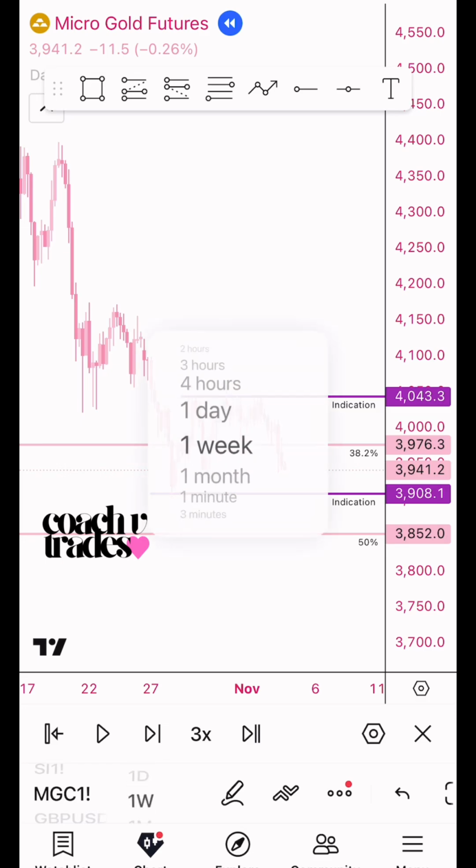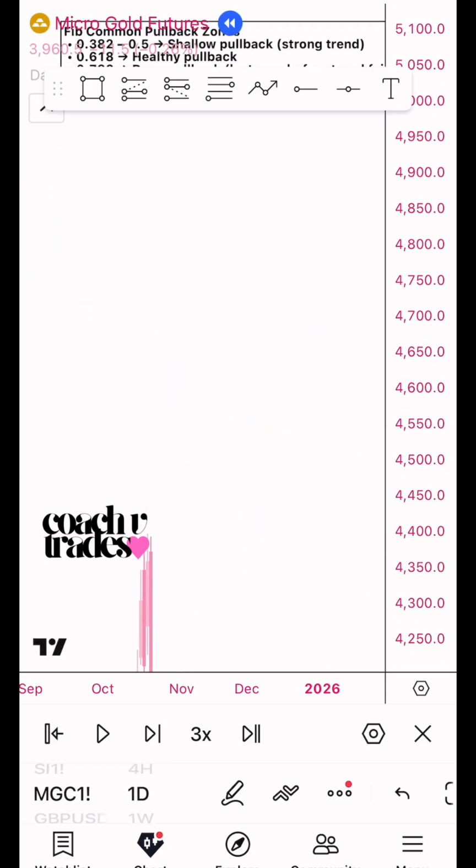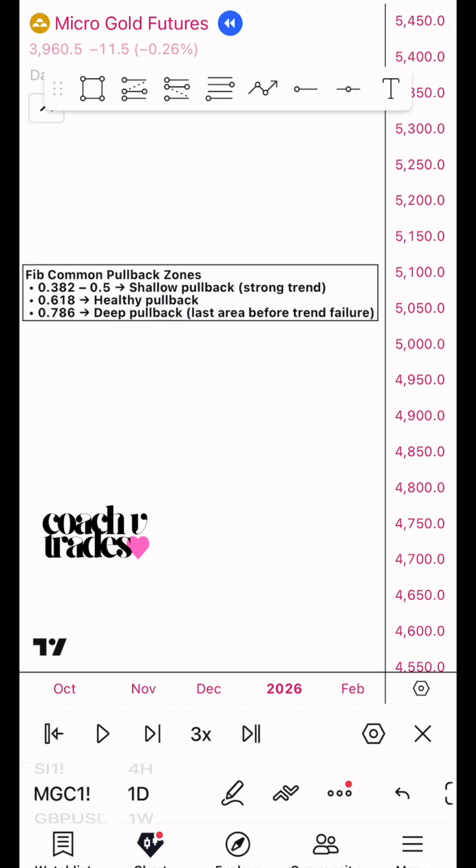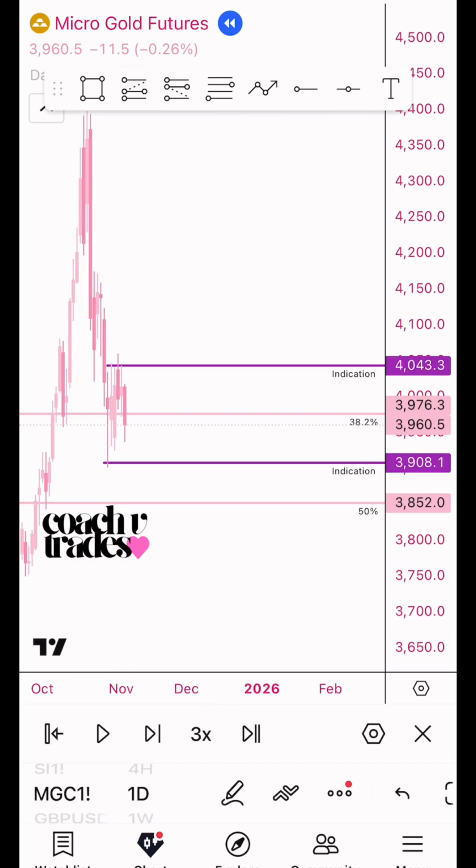Because again, on our notes, it says that these are our key levels. So if it does break the 61.8%, which is a healthy pullback, then that means that it could go to a deep pullback, right? So right now, we are basically consolidating at the 38.2%.